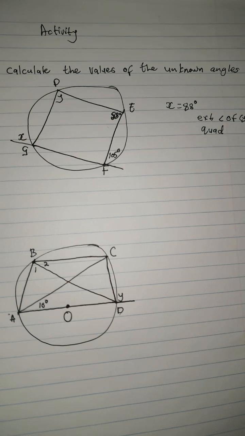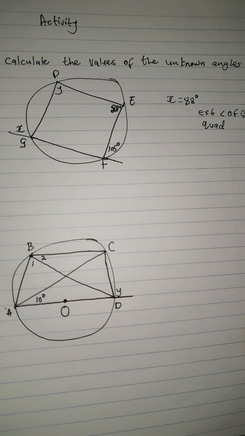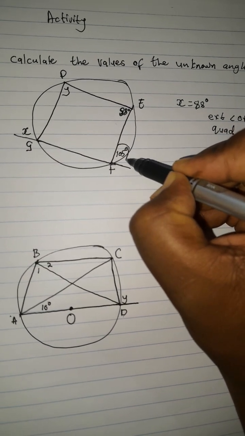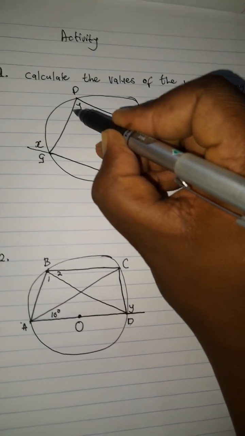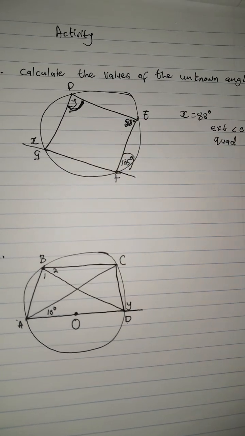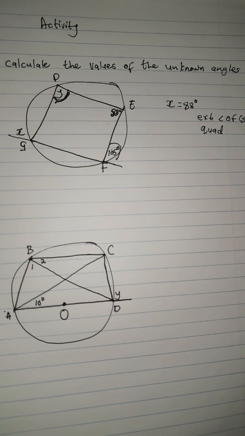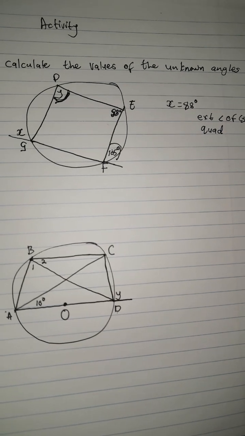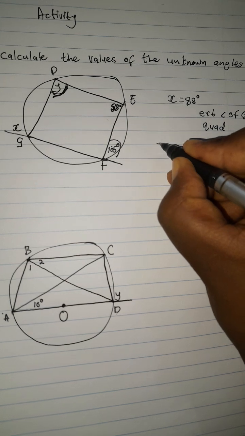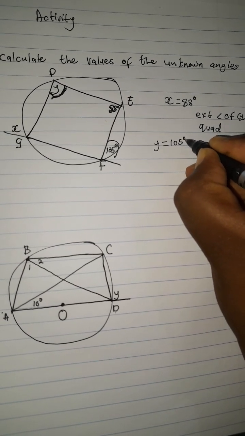The next part is to find the value of y. How do we find the value of y? We can see that 105 is equal to this angle at D, which is y. So y is equal to 105 degrees.